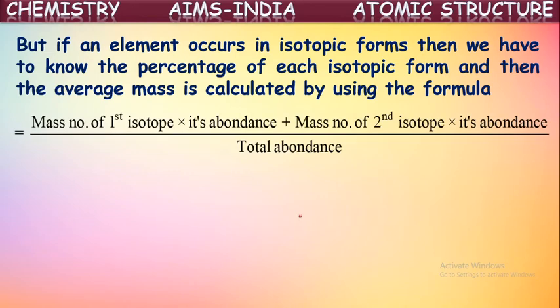Average atomic mass is equal to the mass number of one isotope times its abundance plus the mass number of the second isotope times its abundance, and if there are more than two, we continue with the mass number of the third isotope times its abundance, divided by the total abundance. This gives the average atomic mass of that element.